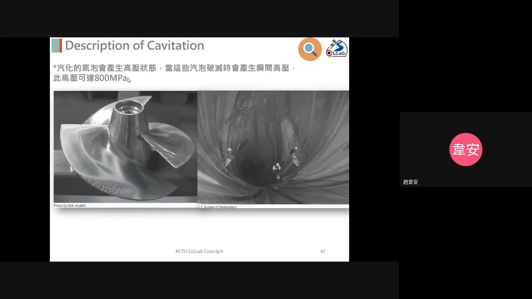The two figures shown here, infrastructures like the fan and the spillways, will be destroyed by cavitation problems. As you see, there are some holes caused by the vapor bubbles.